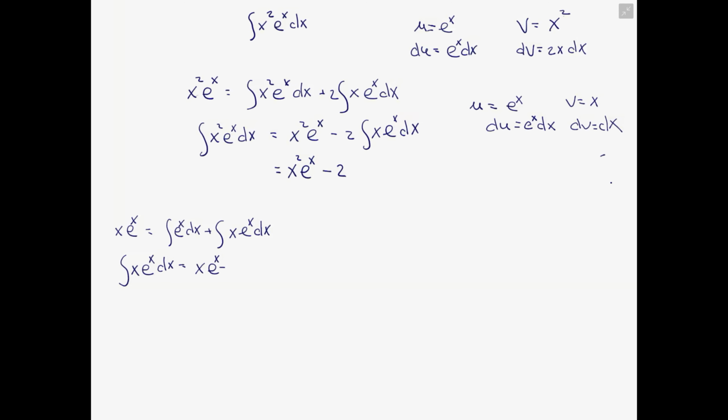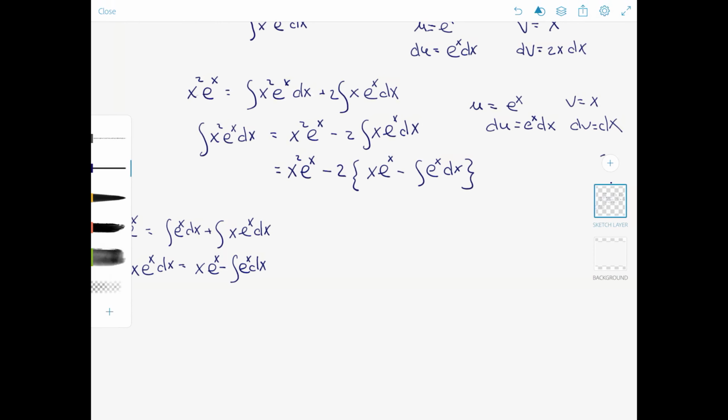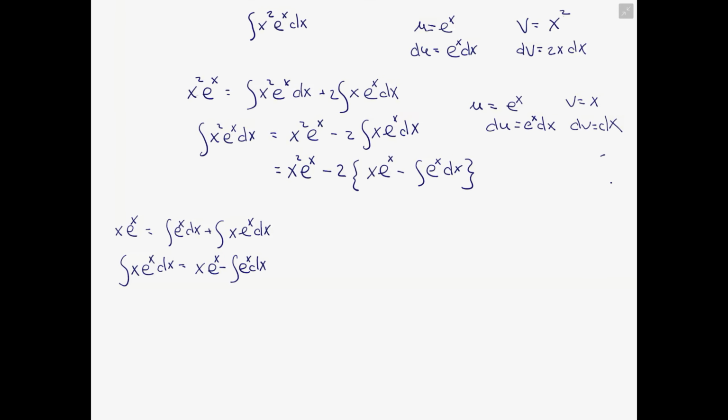So we have the integral of x e to the x dx equals x e to the x minus the integral of e to the x dx. So this is x e to the x minus e to the x.